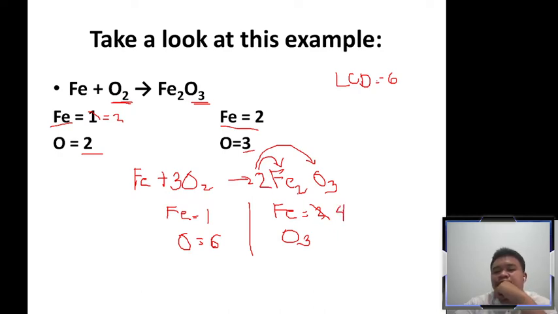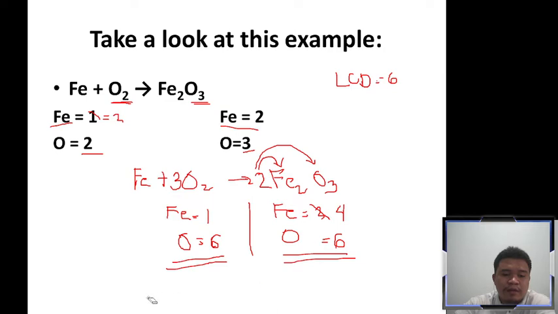Because 2 times 2, that's 4. Then 2 times 3 in the oxygen now becomes 6. So as you can see, by doing so, we already balanced oxygen, which is now 6. Sorry, I placed 3 here. There should be no number 3 there. So that's a typographical error once again. Sorry for that. Oxygen is now 6.